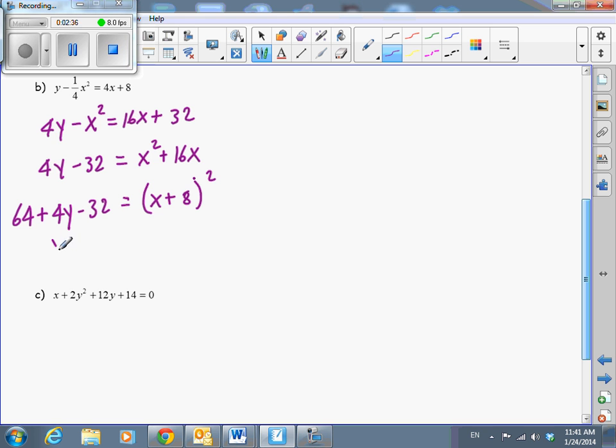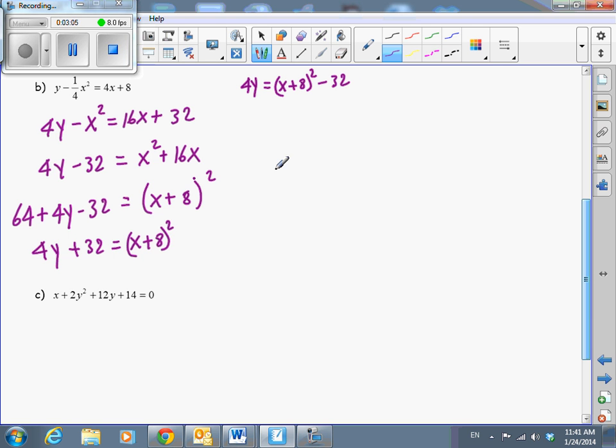That would be 4y's. 4y plus 32 is equal to x plus 8, the whole thing squared. Now I will subtract 32 from both sides, right? To get 4y is equal to x plus 8 squared minus 32.